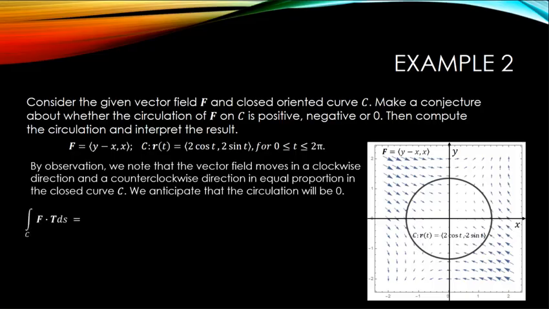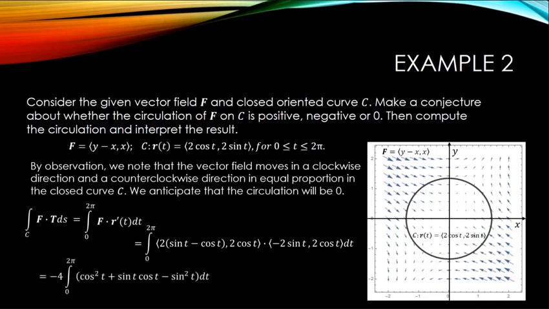My line integral over C of F dotted with T ds gives me the ordinary integral from 0 to 2 pi of F dotted with r prime of t dt. This gives me the integral from 0 to 2 pi of the vector with components 2 sine t minus cosine t and 2 cosine t, dotted with a vector with components negative 2 sine t, 2 cosine t dt.